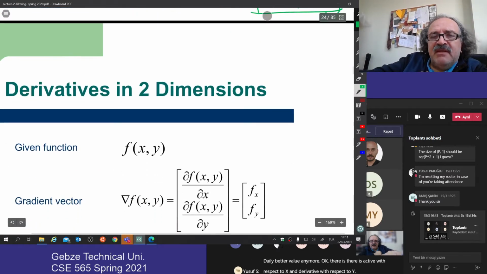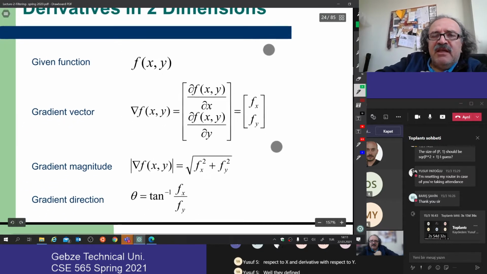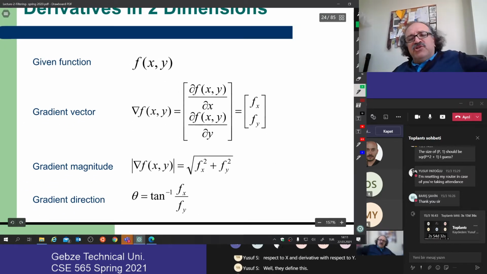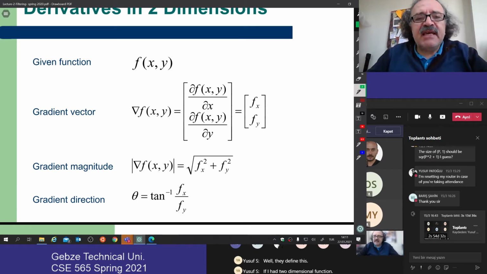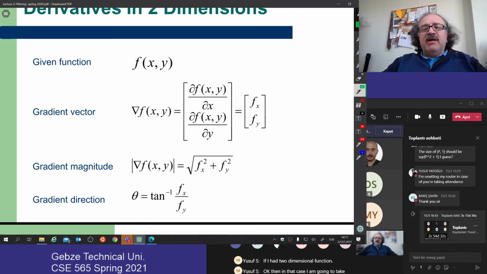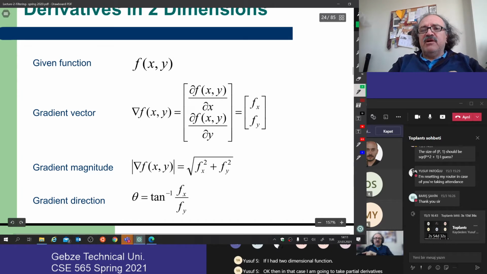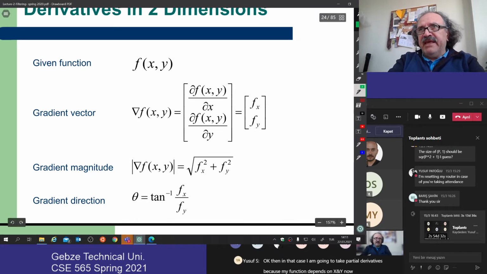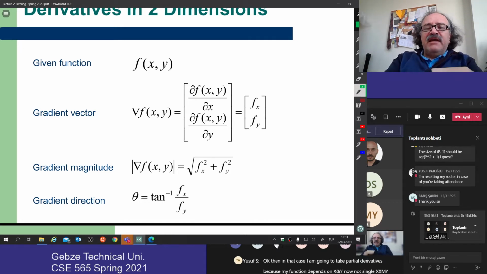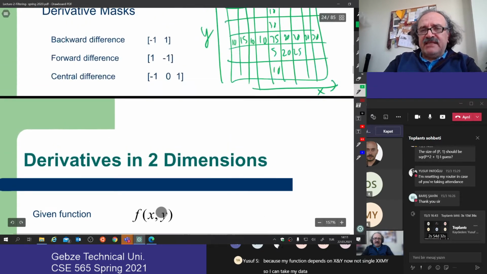Well, they define this: if I have a two-dimensional function, then in that case I am going to take partial derivatives, because my function depends on x and y now, not single x and y. So I can take my derivative with respect to x this way.